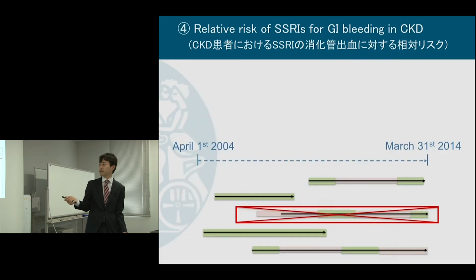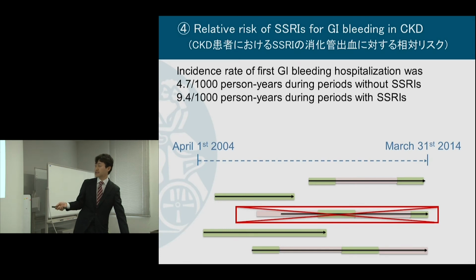By which I mean, this patient was on antidepressants because they didn't have GI bleeding before, so even if I follow them up later, he is unlikely to have GI bleeding. So this patient could bias the association between SSRI and GI bleeding. So according to his advice, I decided to exclude this patient and conducted an incident user study design.